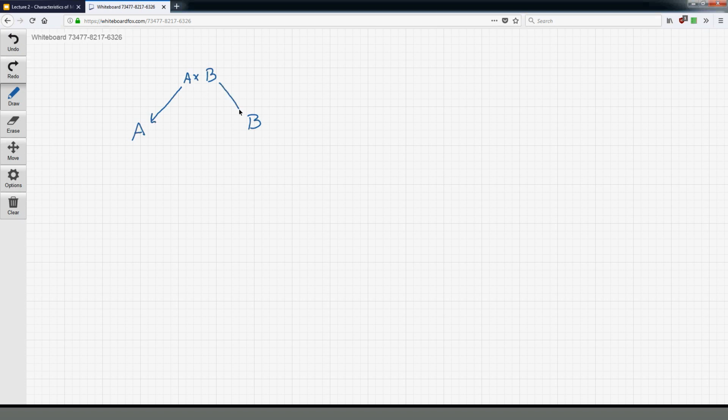Essentially, our product diagram is shaped like this. The product has an arrow from the product to A and from the product to B. These arrows are called projection arrows.